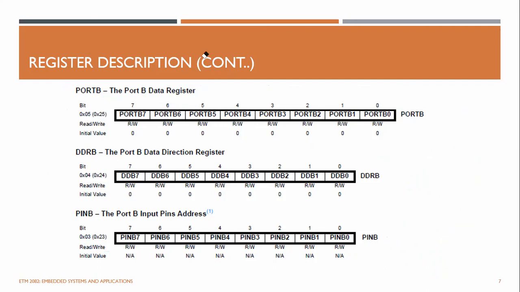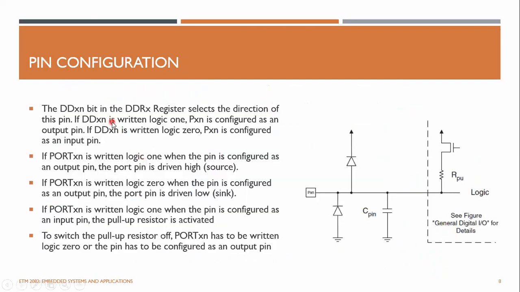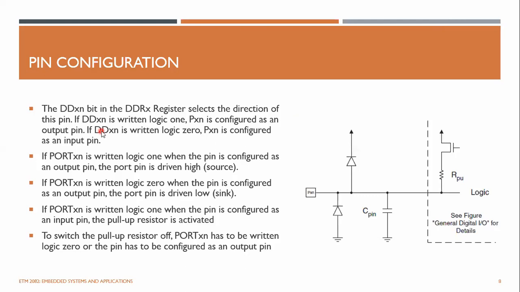All right, so now you understand the purpose of these 3 registers, and we can learn about how to configure a pin. So if you want to configure any particular pin of a port, what you need to do is go to the DDR register.